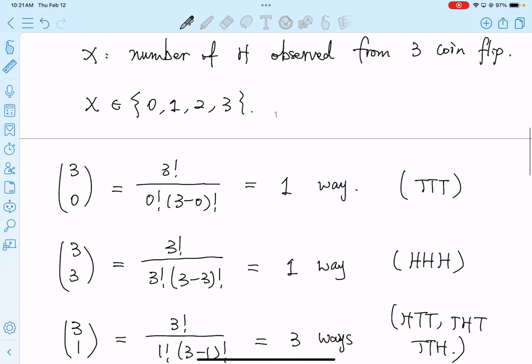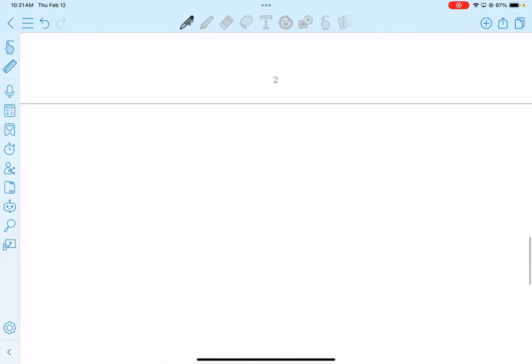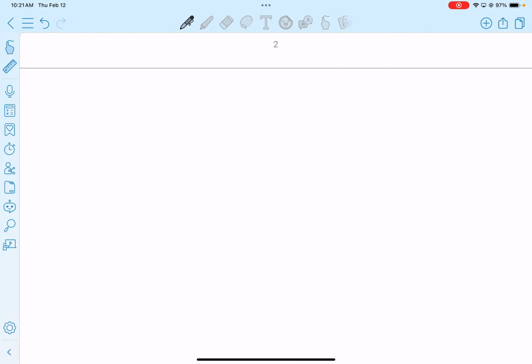Okay, so now let's see one example of calculating the probability of something.